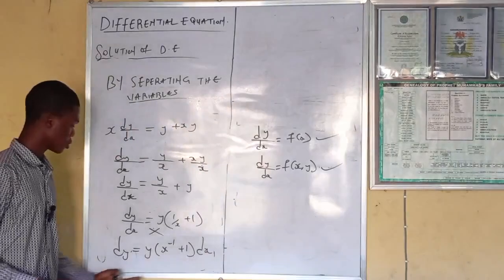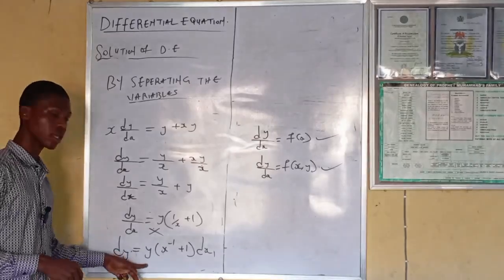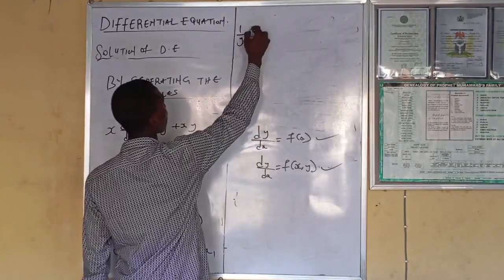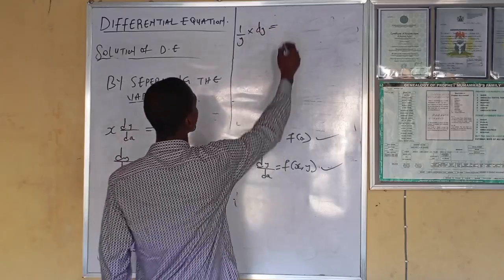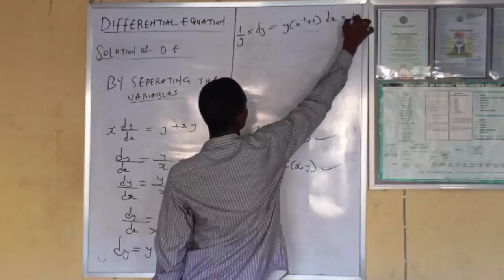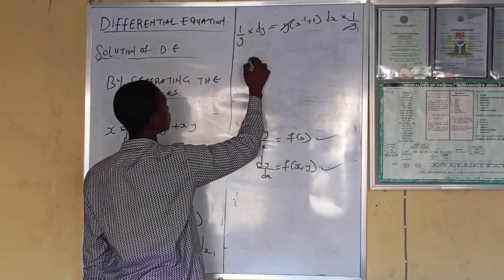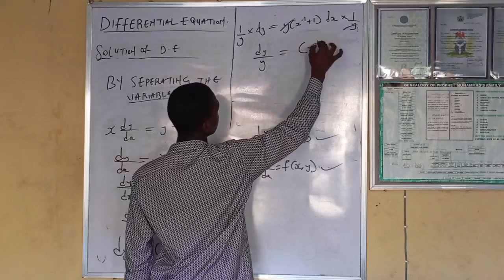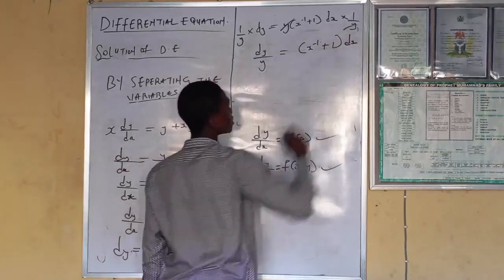From here, isolating the function of y from x. And how can you do that? You can simply do that by multiplying both sides by the reciprocal of y. 1 over y for the left hand side, 1 over y times dy equals y open bracket, this multiplied by the reciprocal of y, then this cancels this, then you have dy over y equals x inverse plus 1 dx.